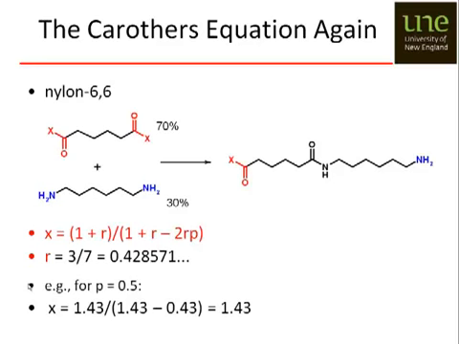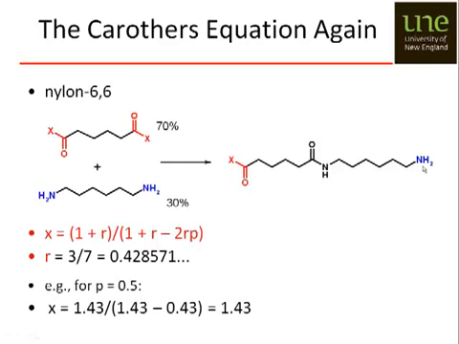So any deviation from that perfect balance between those amounts of the functional groups will give us a reduction in our degree of polymerization. And it's pretty easy to see why that would happen, because you're going to end up with molecules here that have two acyl chloride functionalities at the end.